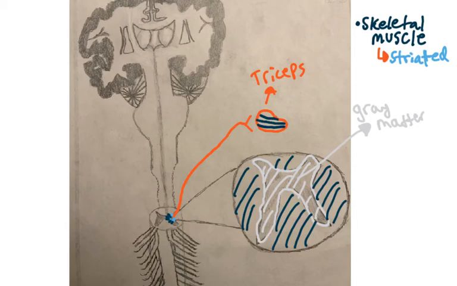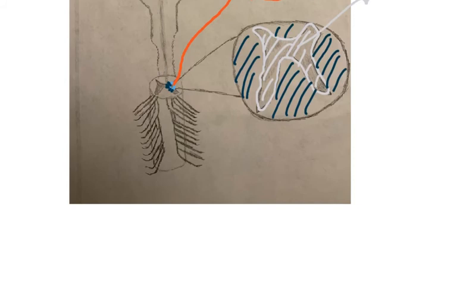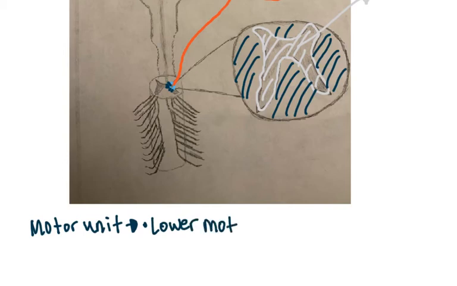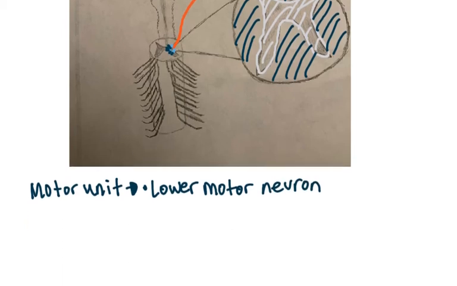Right, so that's it. So let's go and write how to identify a motor unit. What a motor unit actually is, now that we looked at it scientifically, is it involves a lower motor neuron, and then we're also going to see how many muscle cells are associated with that lower motor neuron. So how many muscle cells does that lower motor neuron synapse?